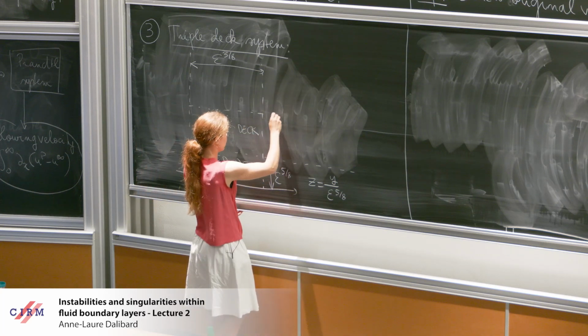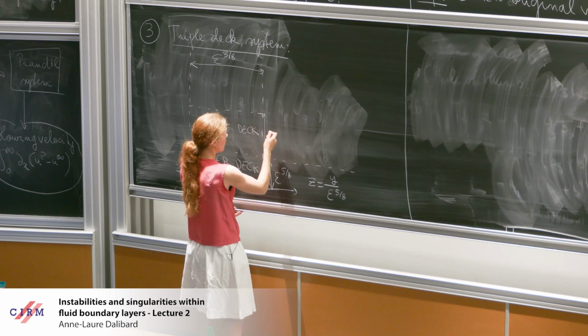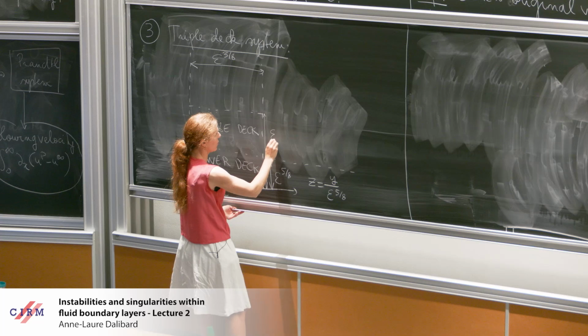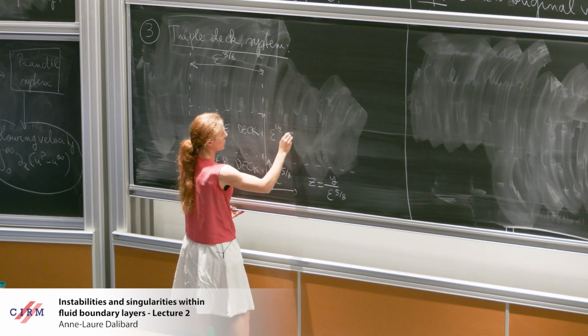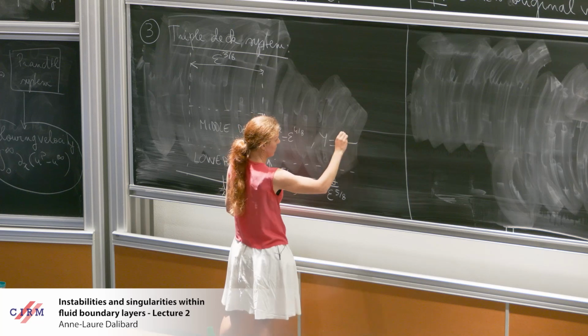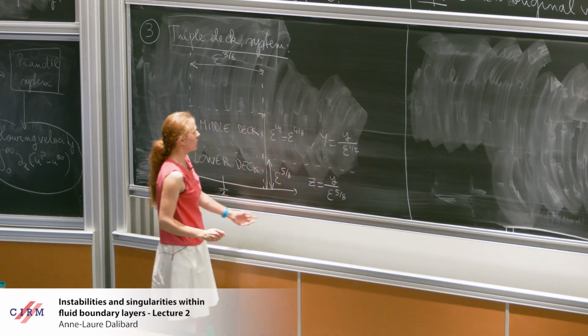whose size is the same as the classical Prandtl scaling, so it's epsilon to the 1/2, which is also 4/8, obviously. And so for this I will keep my usual notation.